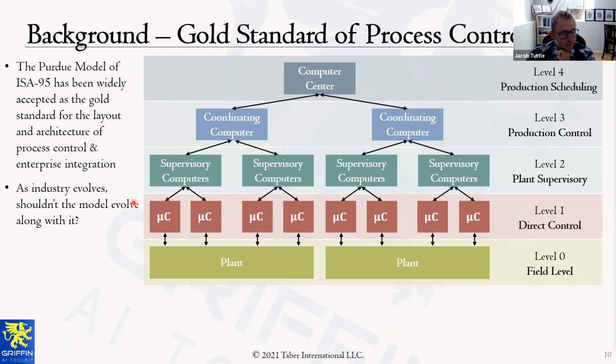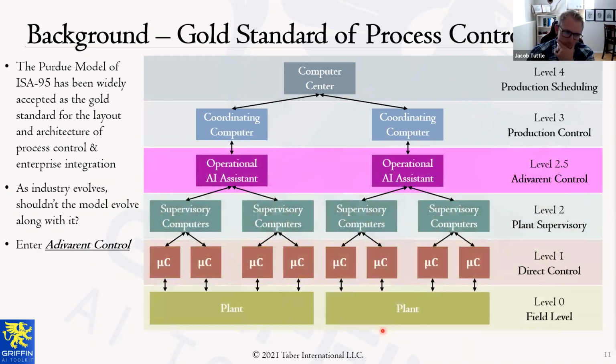This has been in place for numerous years, but over recent years, with the data industrial revolution of big data and artificial intelligence, industry has evolved, and we at Griffin believe that this structure needs to also evolve. And in order for that to occur, we've identified and coined this term out-of-variant control.